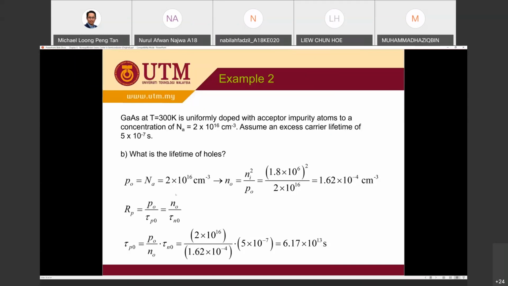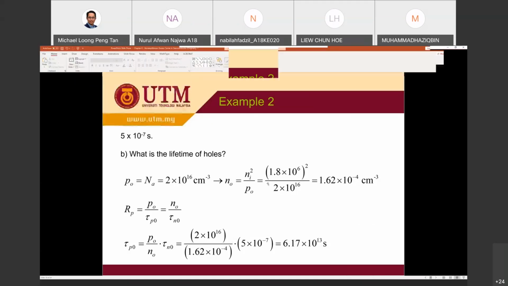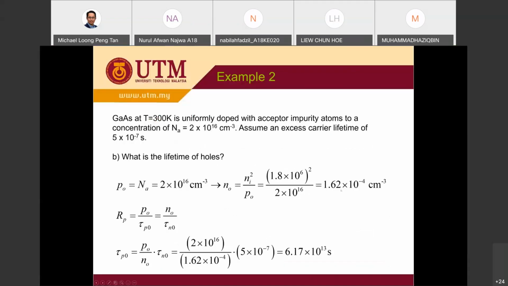So there is one extra step, which is this part here. The extra part here, you get this NO, PO here, NO here, and they want to calculate for hole. Then we find this information. Then we assume this is for electron, which is why they put this TNO here. You put it down here, and you multiply it.